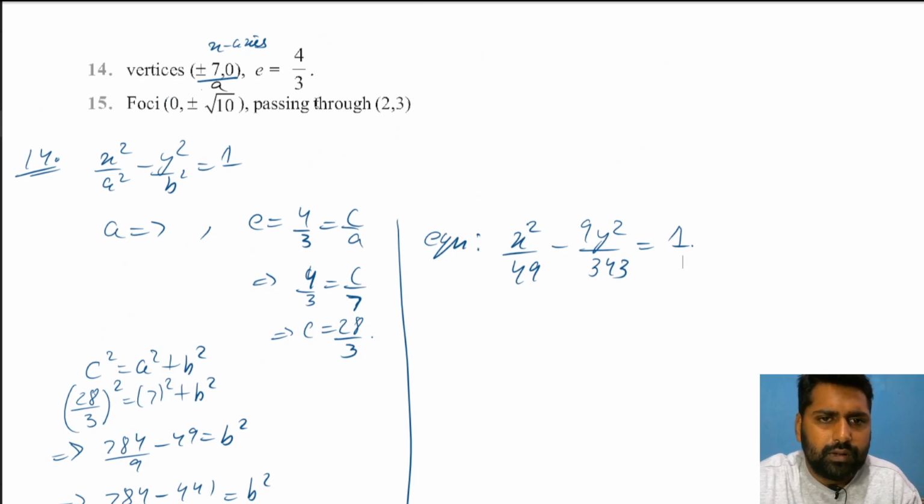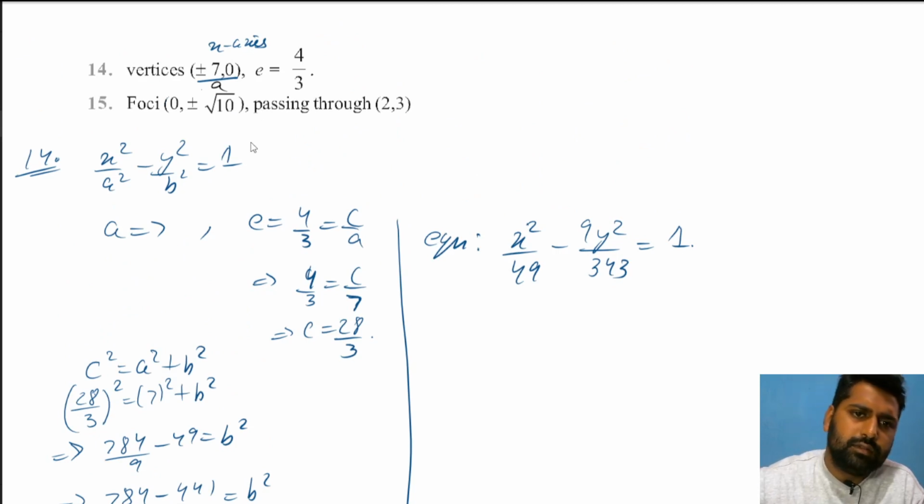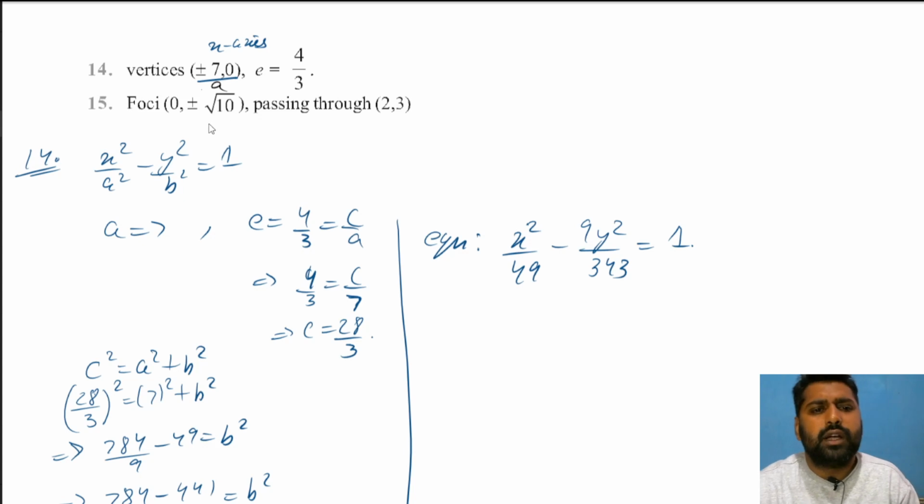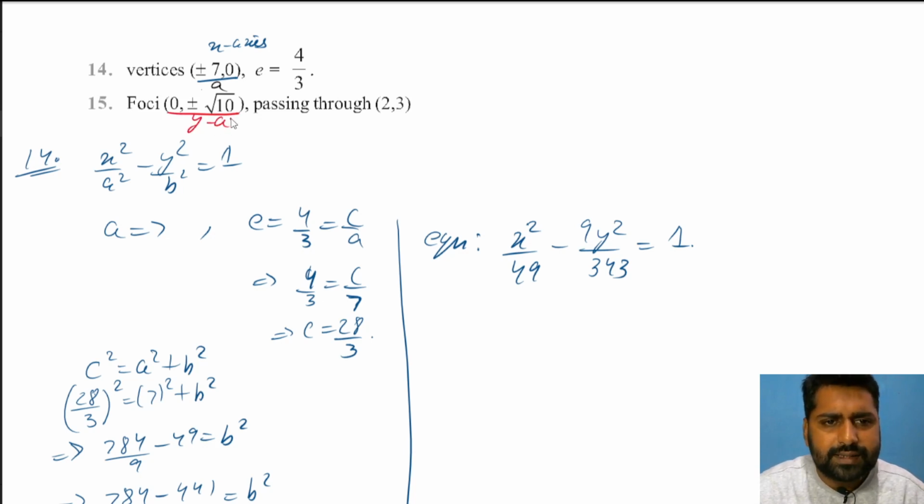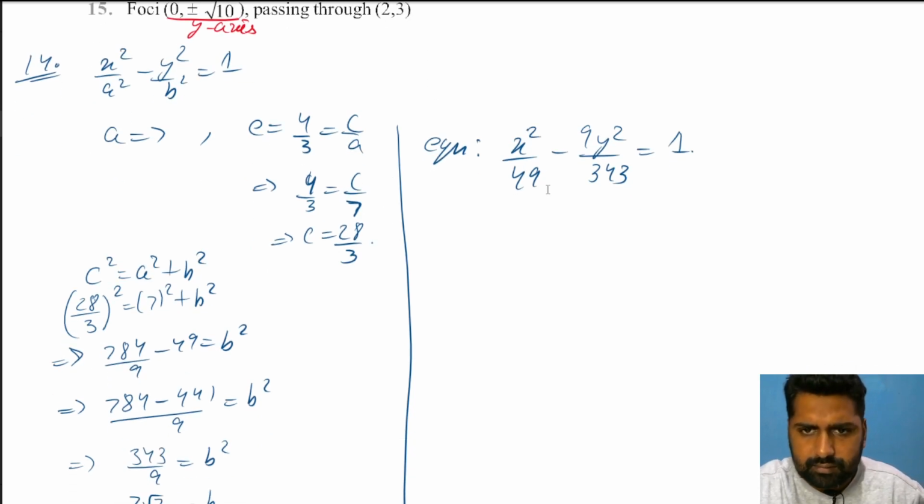Last one, saying focus is at plus minus 0 comma plus minus root 10. So the first thing I notice is that it is on the y-axis. That means the hyperbola is on the y-axis.